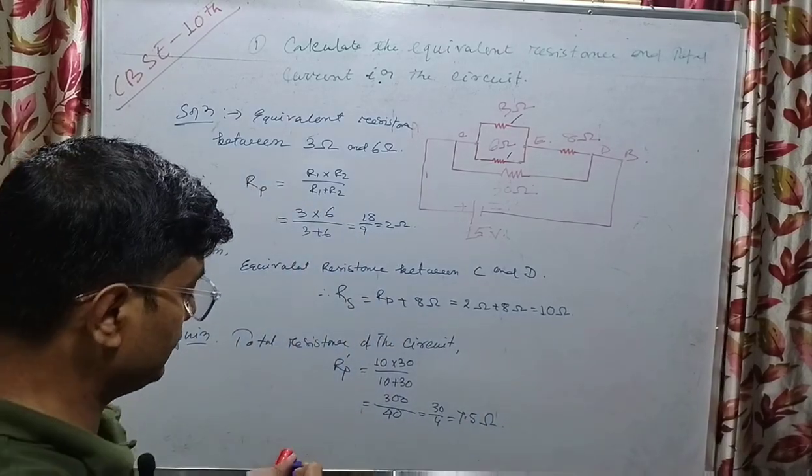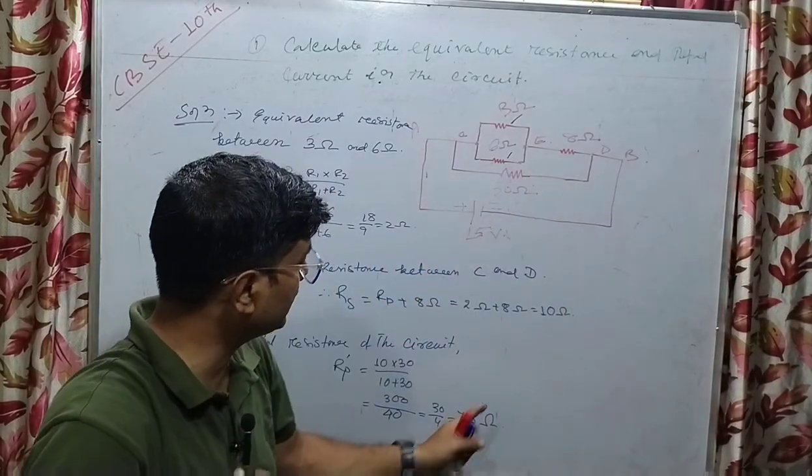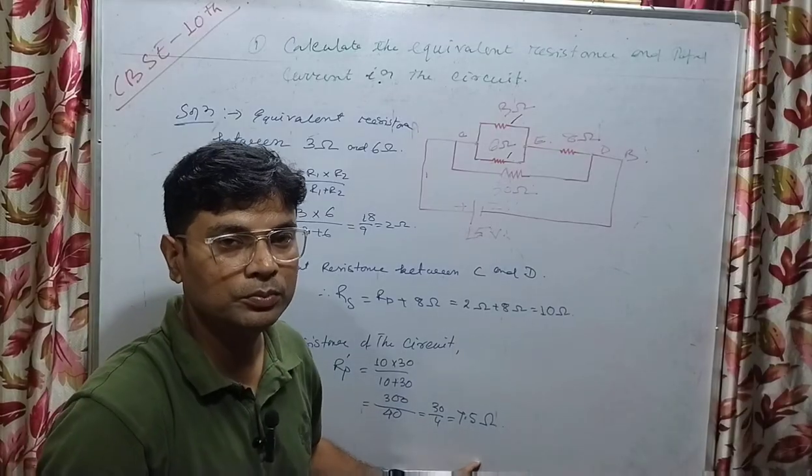Now students, the total resistance of this combination of the circuit is 7.5 ohm.